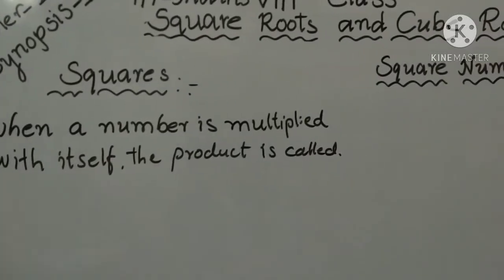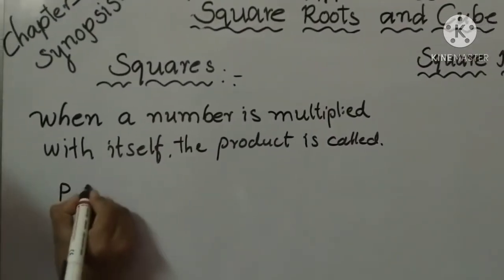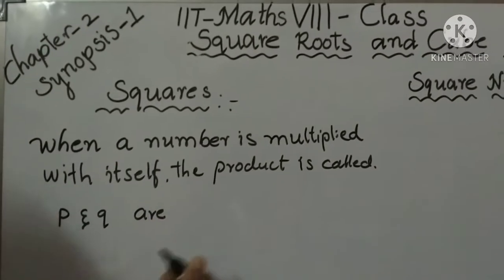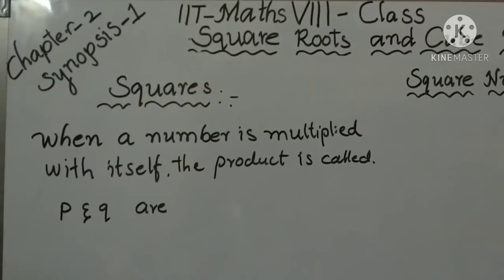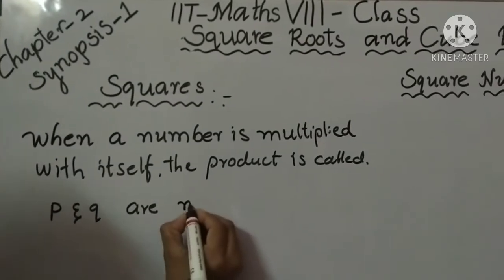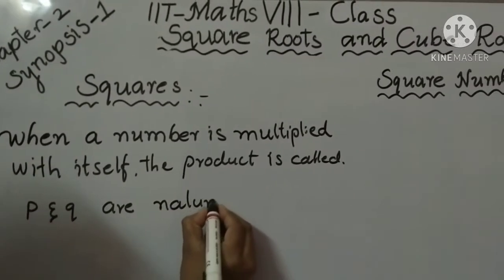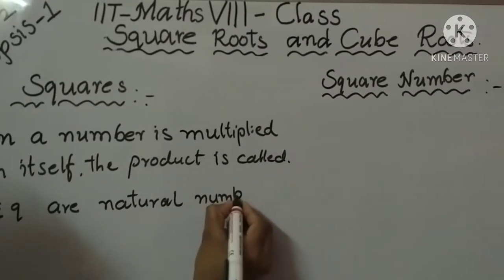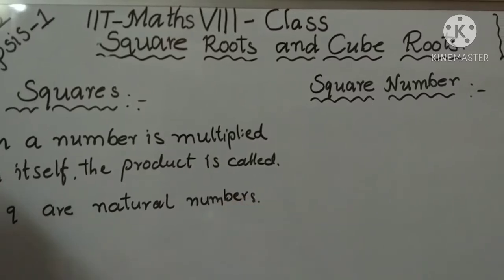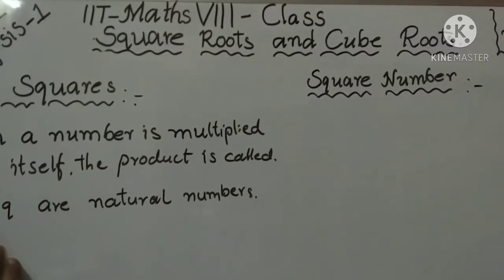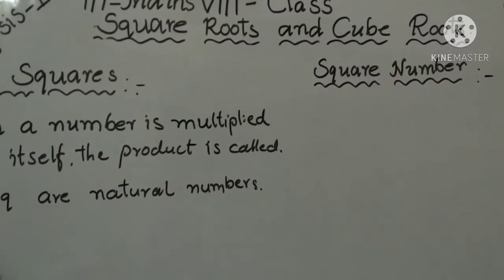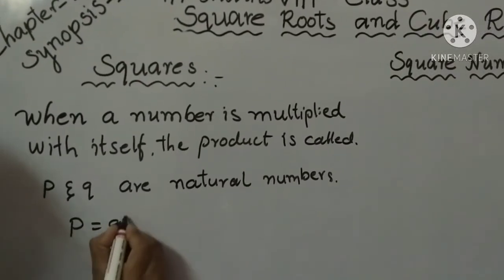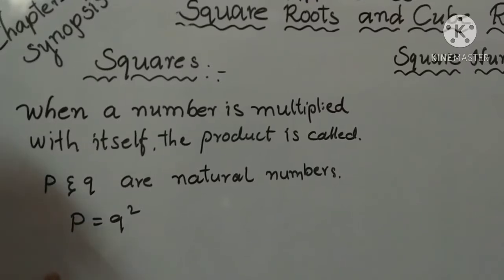Let P and Q be natural numbers such that P equals Q square.